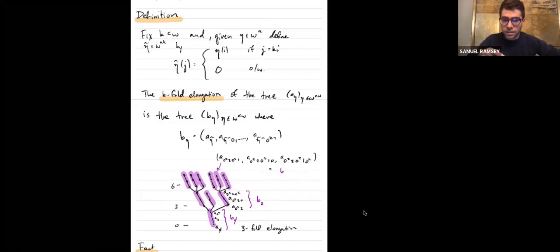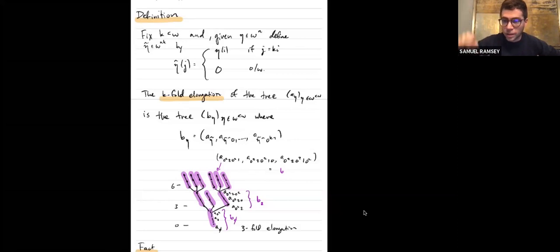Eta tilde of j will be equal to eta i if j is equal to k times i. So if I have a multiple of k, I divide by k and then I plug it into eta and then I take the output. On the other hand, if I have something which is not a multiple of k, then I just output 0. So I just pad the non-multiples of k with zeros.